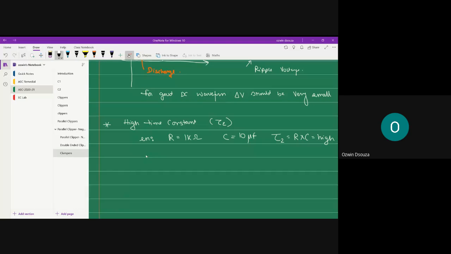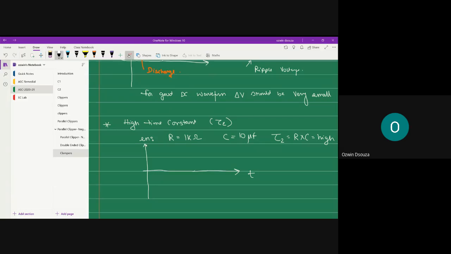So by choosing a very high time constant, you can control the discharge interval of the capacitor. The capacitor, or the entire circuit, will now have more capacity to retain the charge. So by retaining the charge, you can limit the discharge period of the capacitor. All right.